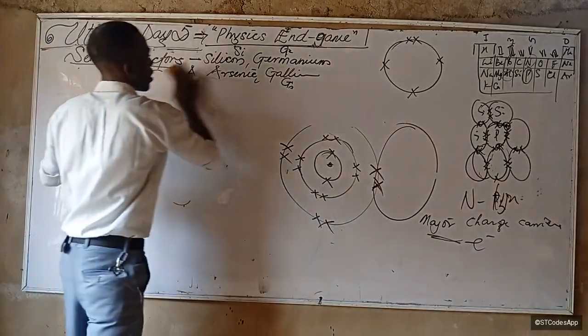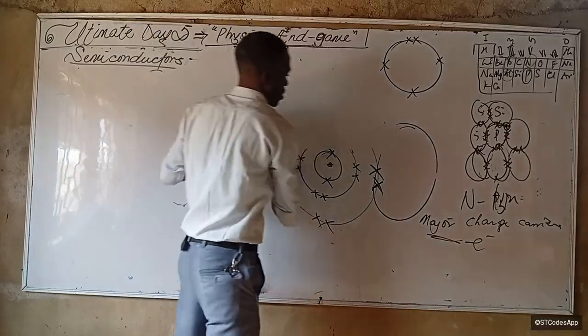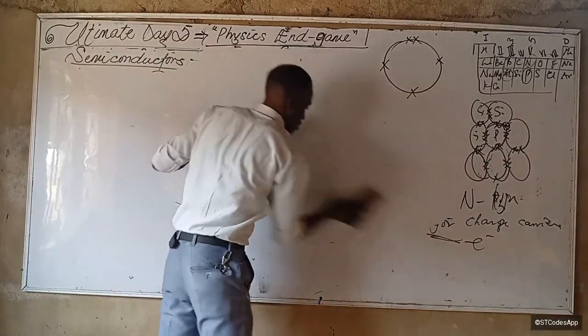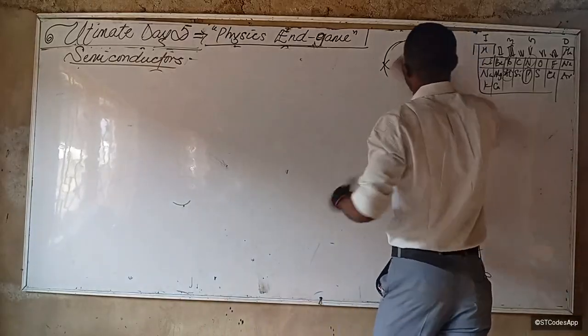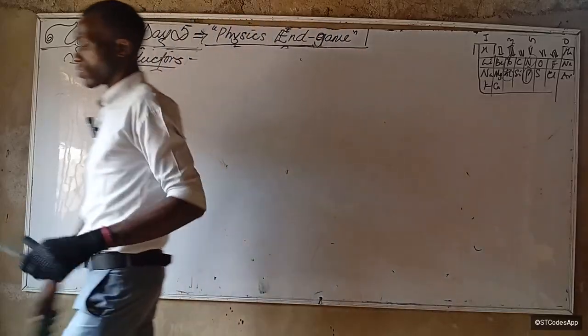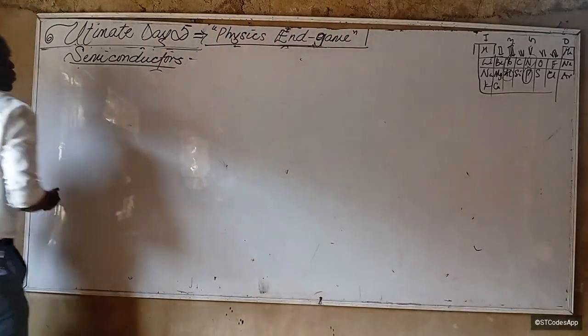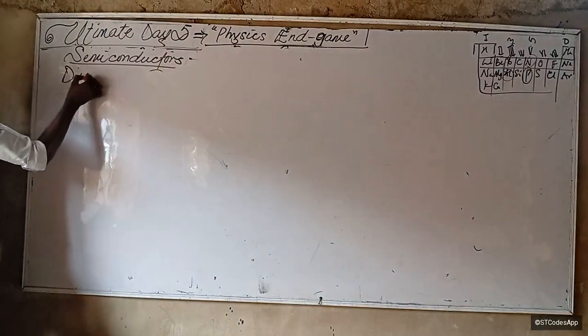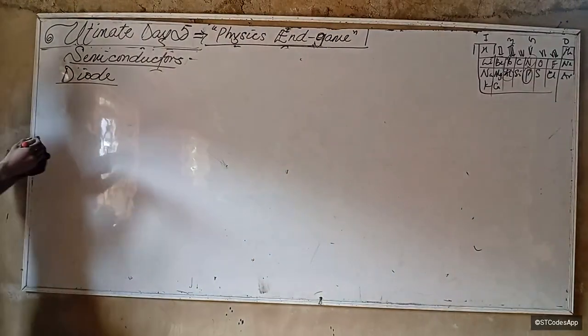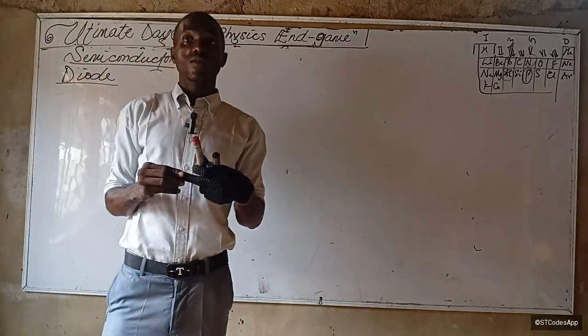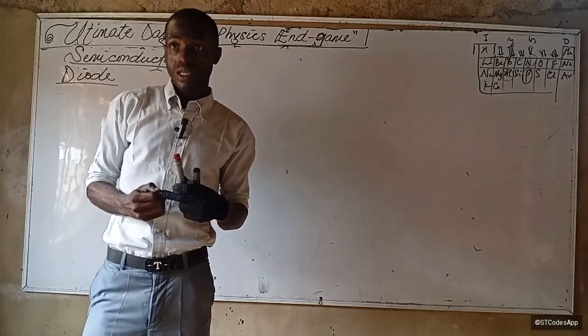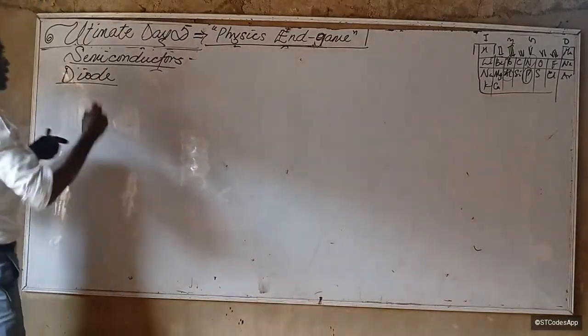And that impurity will change the electrical property of the material. So we said that a diode is made when we do what? Combine the n-type and the p-type semiconductors. Is that okay? Yes, sir. We make a diode when we do that.